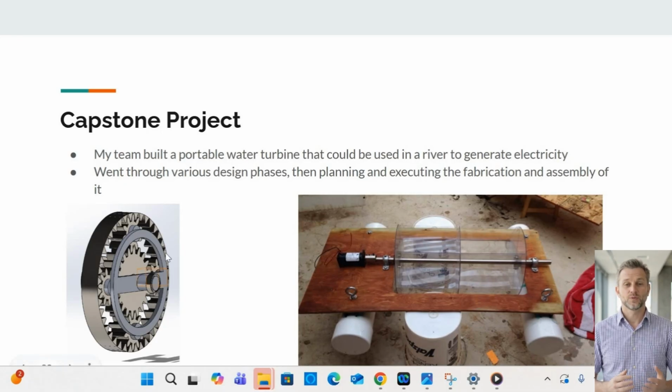I was working on this planetary gear set that we could use to optimize the amount of rotational speed through the generator, and then that would optimize the amount of electricity. We ended up scrapping this part because of complications, although in the end it honestly didn't generate nearly as much electricity as it could have. But this was basically how it turned out and what it looked like.